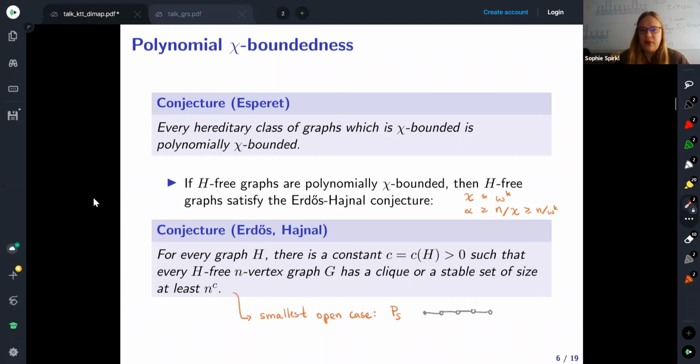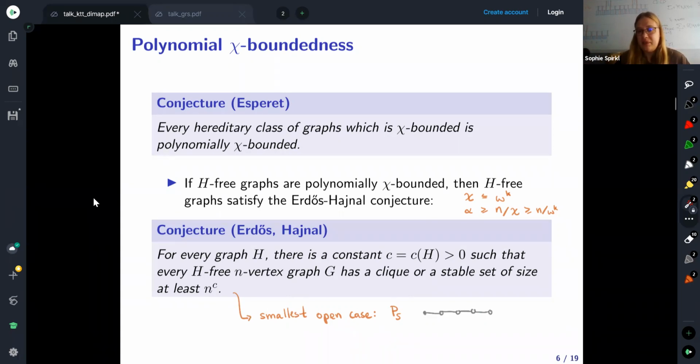And for this talk, we're interested in polynomial chi-boundedness, whereas the previous slide was just about normal chi-boundedness. And there's this very striking and slightly frustrating conjecture of Esperet, which says that maybe in hereditary classes of graphs, chi-boundedness and polynomial chi-boundedness are the same phenomenon.